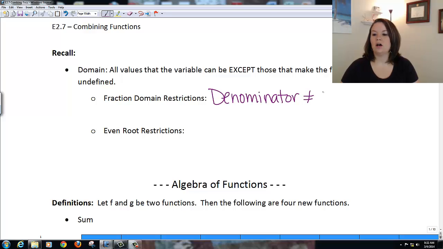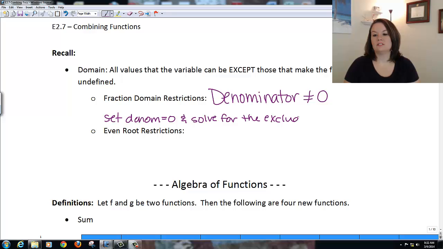Denominator cannot equal 0. So all we're going to do is set our denominator equal to 0 and solve for the excluded values. Now if they don't have a rational denominator, we don't have to worry about this. But if they do, this is how we're going to work it out.